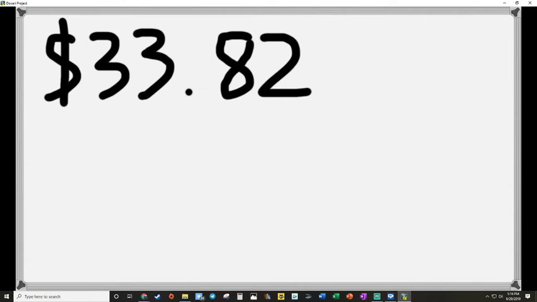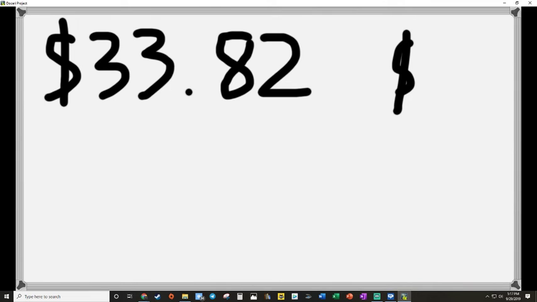Okay, that's the total cost of the shoes and the socks before tax. Now, when we multiply 33.82 by 0.08 or 8%, the sales tax was $2.71.